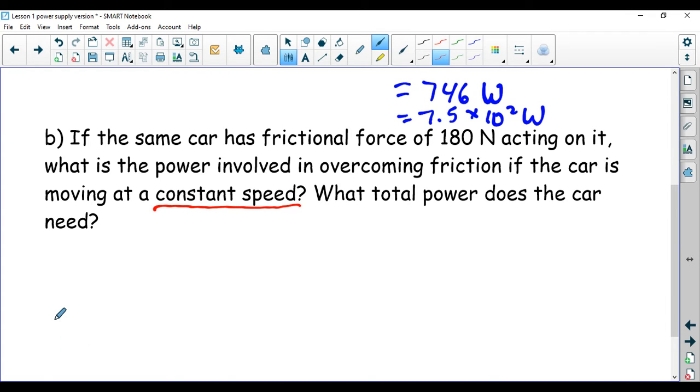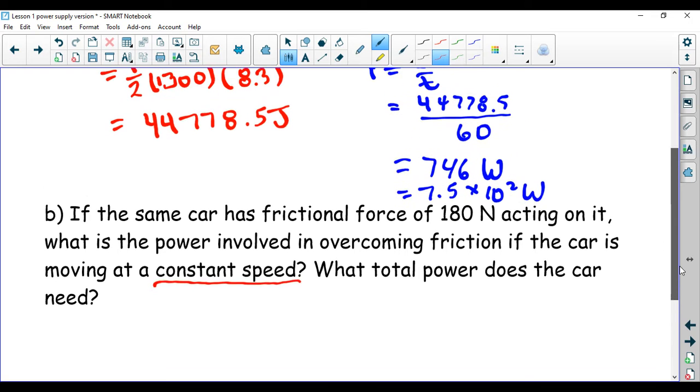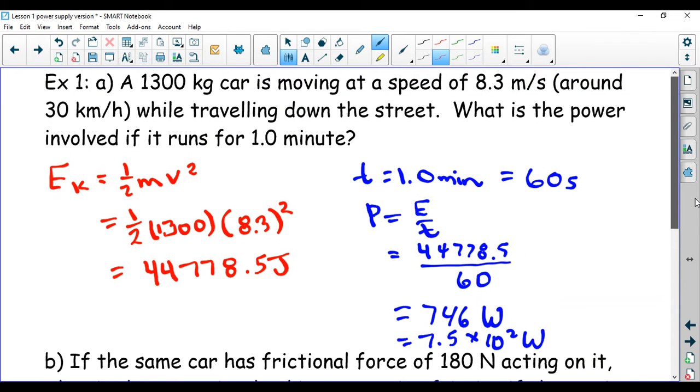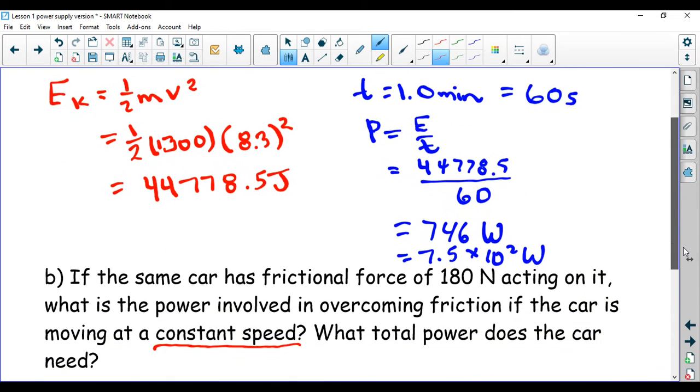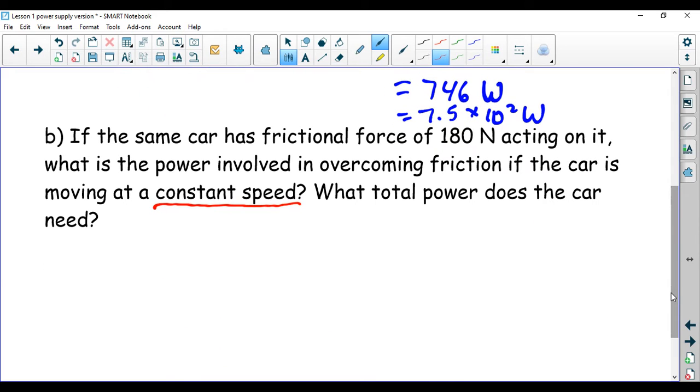Well, I don't know the distance that it moves. I know it moves for 1 minute and I know its speed from part A. Up here in part A, it's moving at 8.3 meters per second for 1 minute. So this will let me find the distance because at a constant speed, V equals D over T.